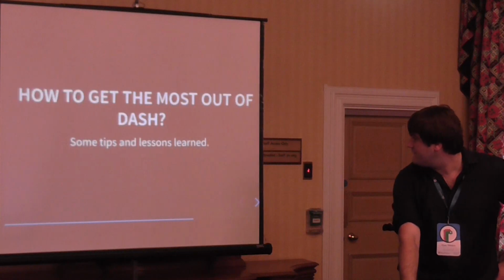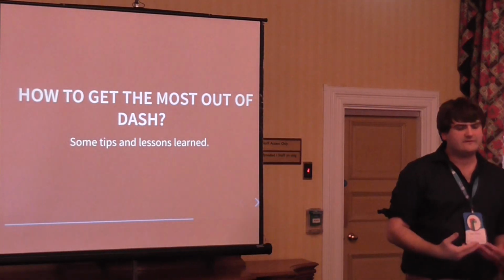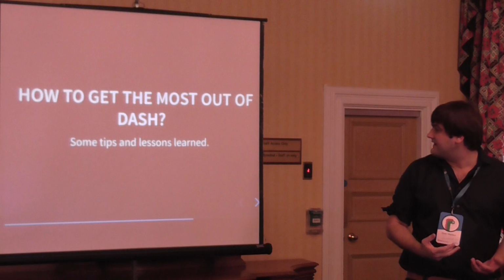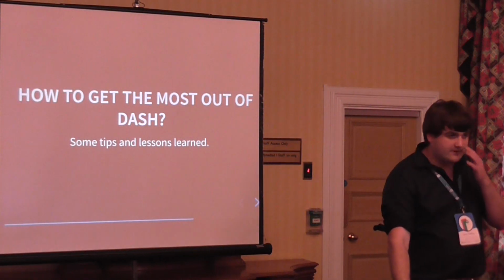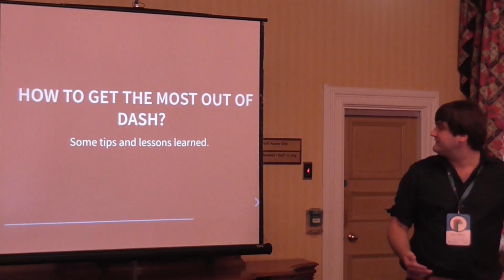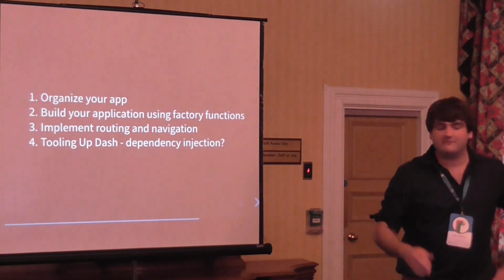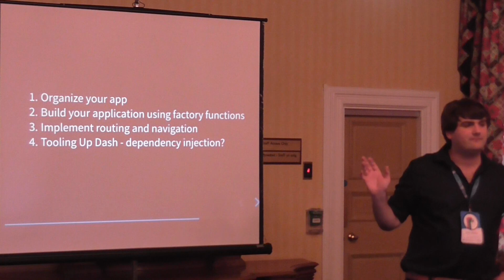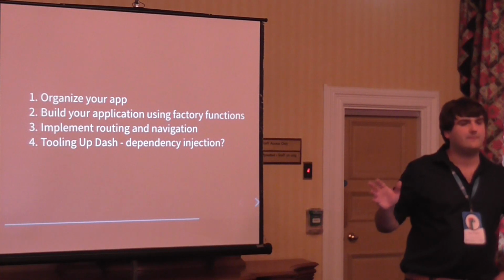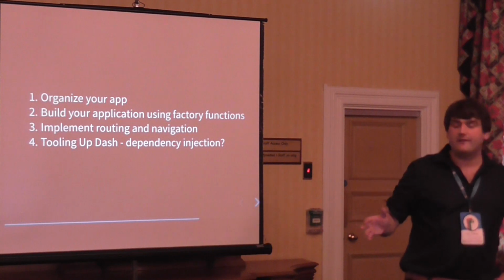So, just to come to evaluating Dash and how to get the most out of it, there are a couple of lessons that we've learned at decisionLab that we can share. There are four particular take-home messages if you're starting to build a more complicated application using Dash, or people on your team are.